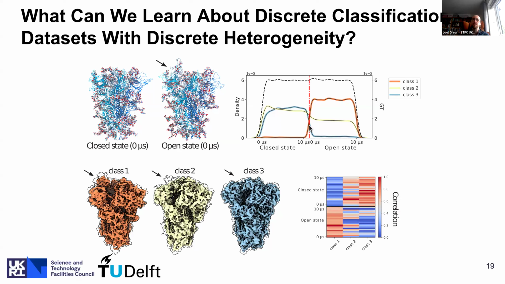That's unsurprising because this class is mainly comprised of particles from our open state MD simulation. In class 3, we don't really see any evidence for this, once again, because it's composed of particles from the closed state. And then for class 2, which is composed of a mix of these open and closed state particles, we see some evidence.